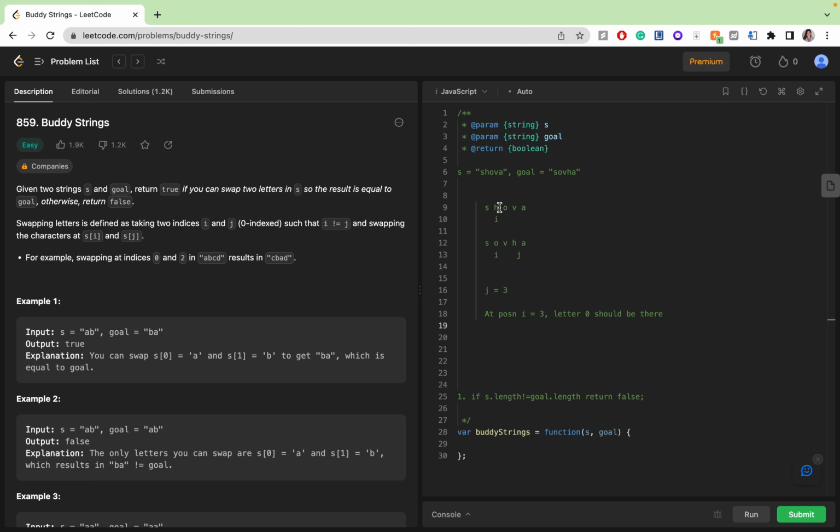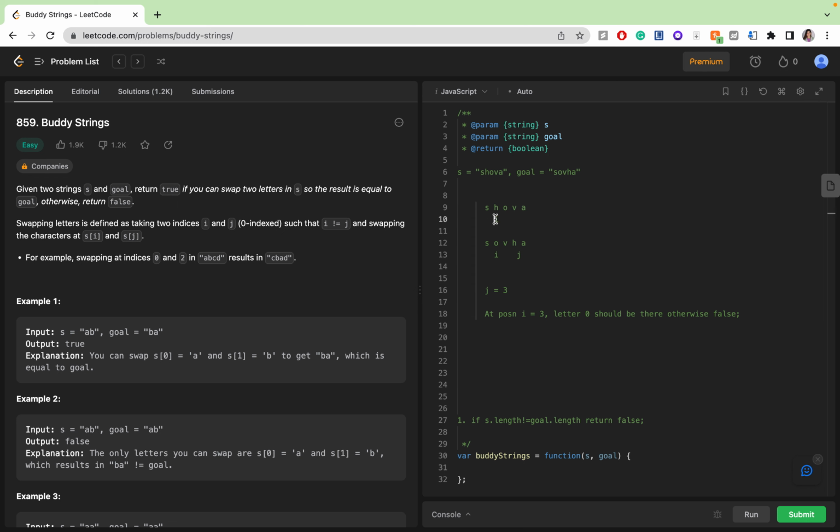If it is not equal, then otherwise false. So this is one position.